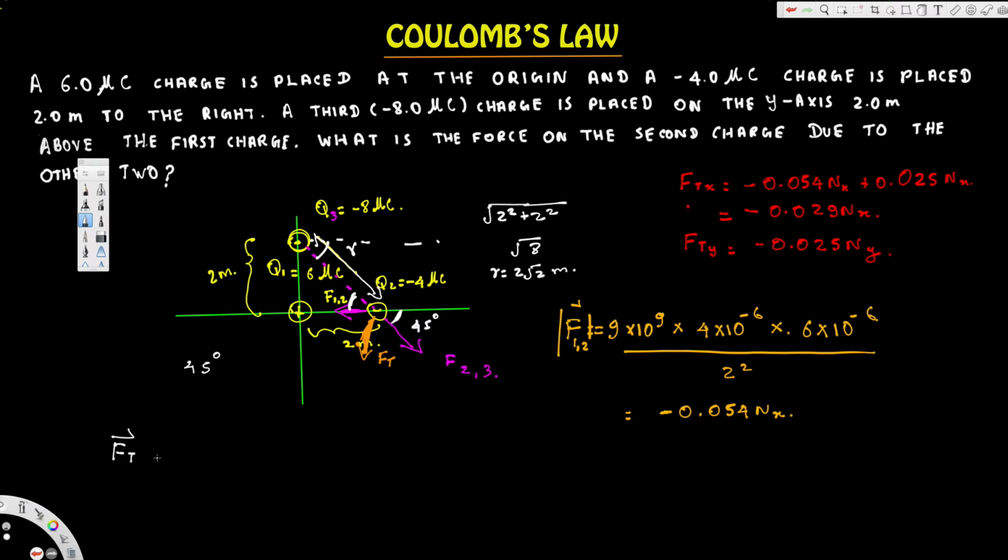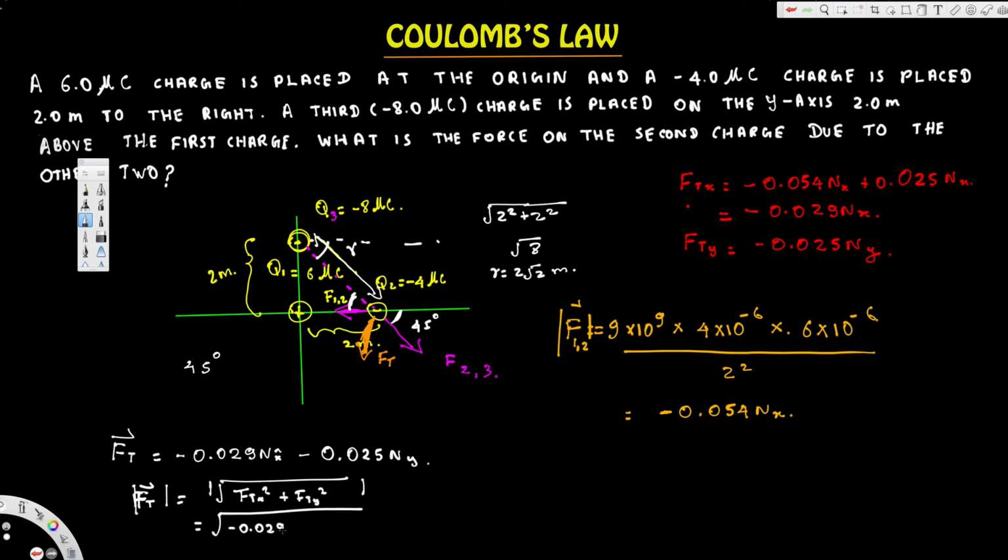F total is going to be equivalent to negative 0.029 in the x direction, minus 0.025 Newton in the y direction, and the magnitude of the total force is going to be square root of Ftx square plus Fty square, and that's going to give us negative 0.029 square plus negative 0.025 square, and finally we will end up with 0.038 Newton. Okay, so this is our total force.